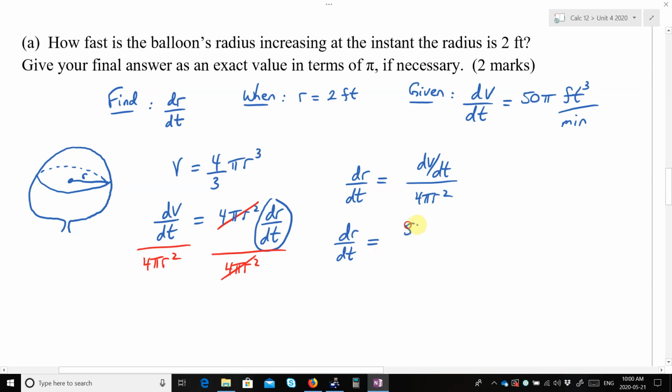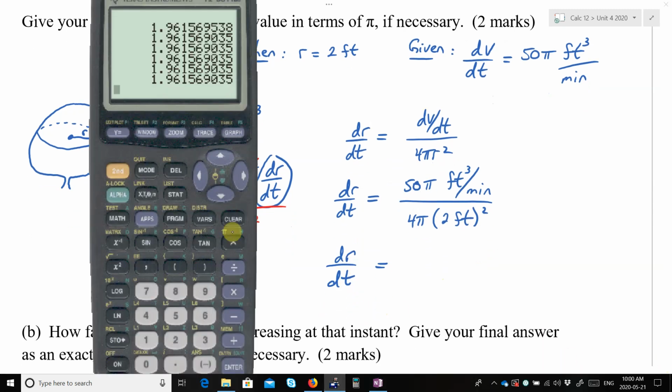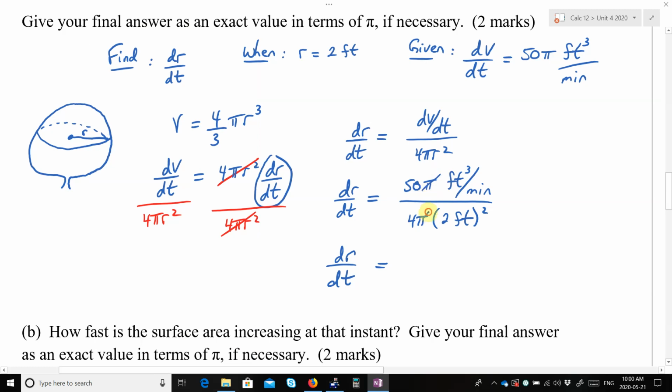dV/dt is 50 pi cubic feet per minute, and then 4 pi r squared, r is 2 feet. Okay, and so dr/dt is going to equal, the pi's will cancel, right?